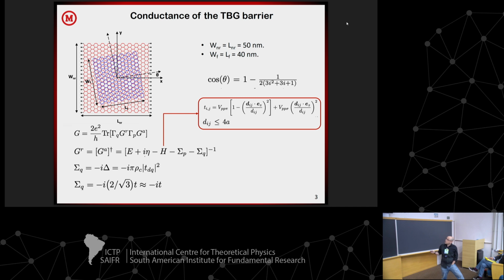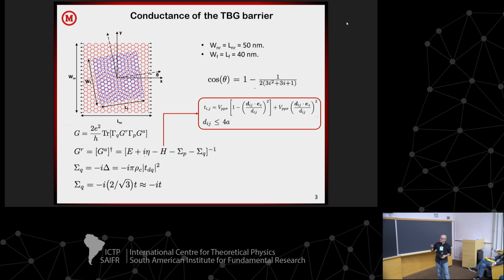To avoid the momentum mismatch between the contacts and the device, we use an effective contact. Traditionally, the self-energies of the contact are calculated recursively, but as you know, we have more than 50 neighbors. In this approximation, we select neighbors within a radius of 4 times the carbon-carbon distance.